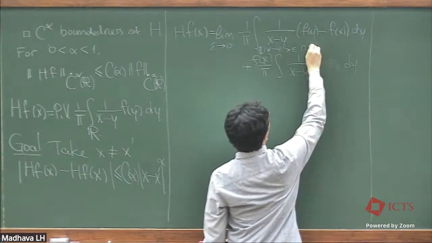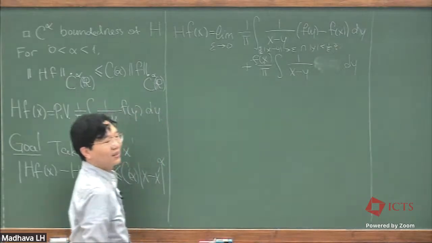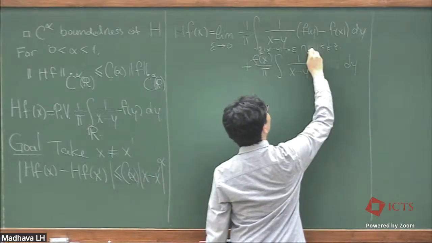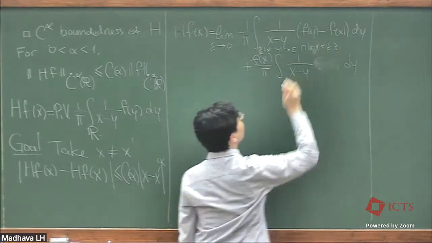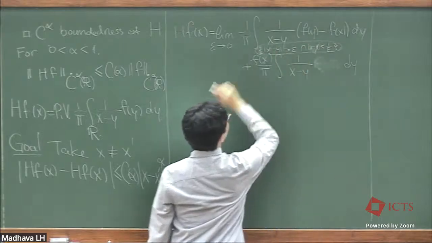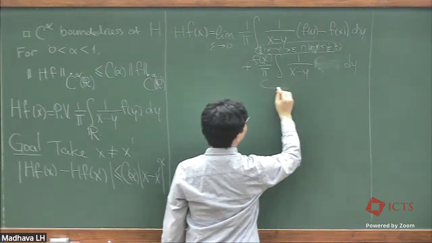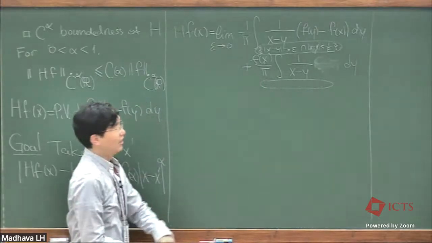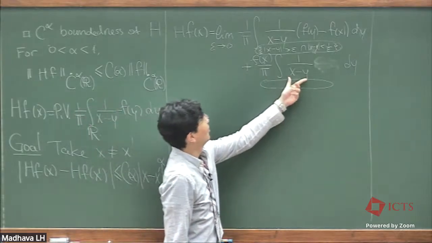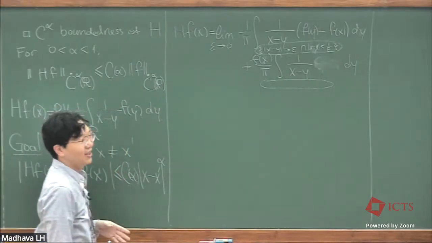And y is less than 1 over epsilon. Or x minus y is less than 1 over epsilon, that should be. What's the point? If you now put this, then the quantity that you need to add again is the same integral down here, and that is 0, because it's an odd function, it's exactly 0 for each epsilon.